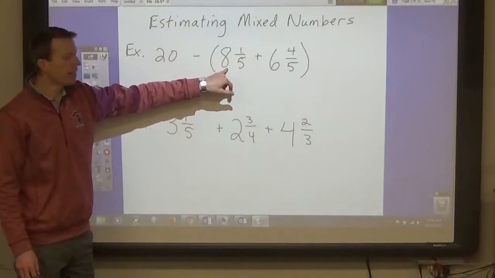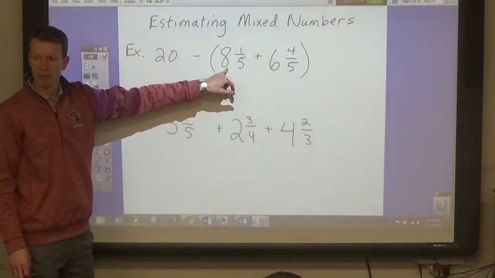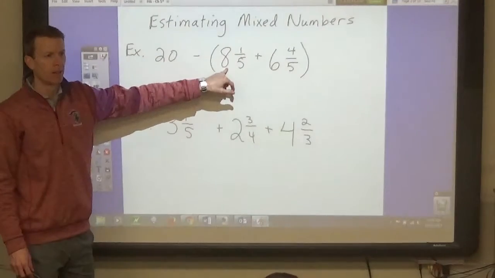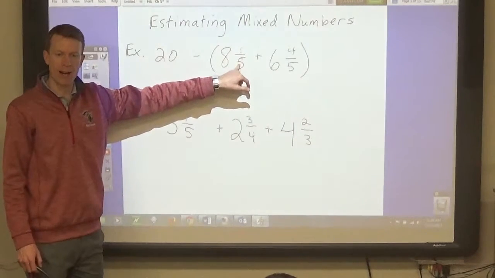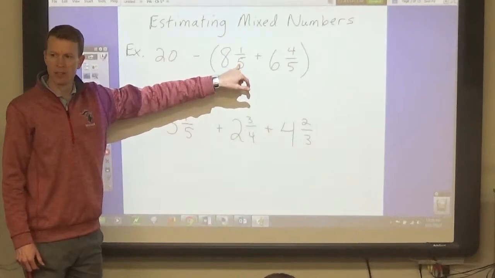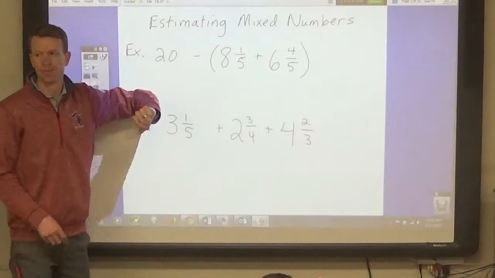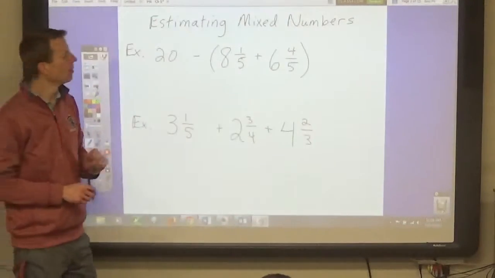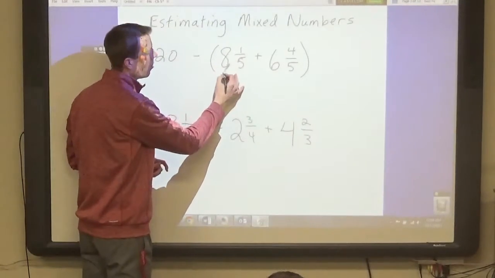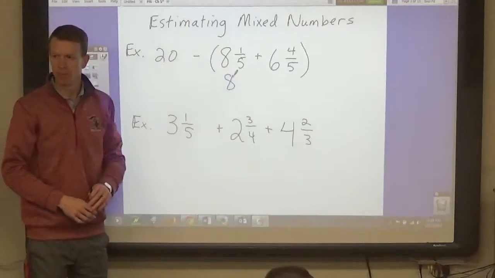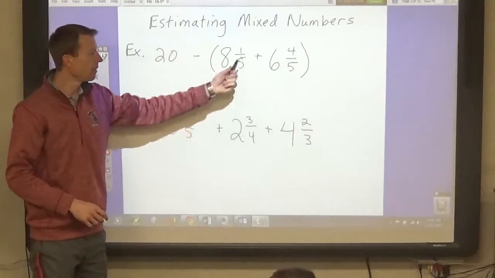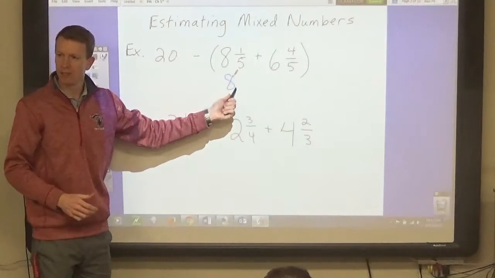And what is 8 1/5 closest to? Well, think about 1/5. Is 1/5 closest to 1/2, 0, or 1? 0. So that means our best estimate is just 8.